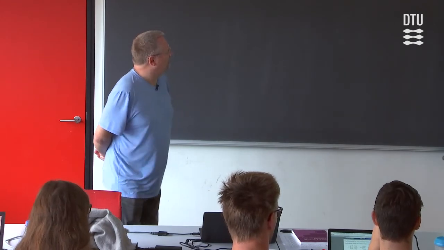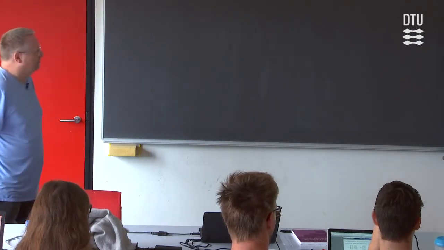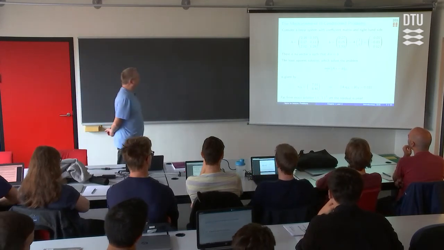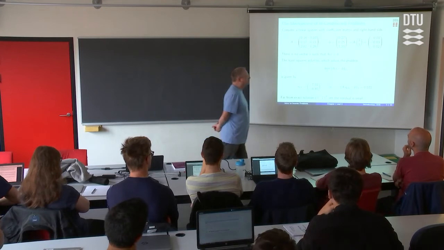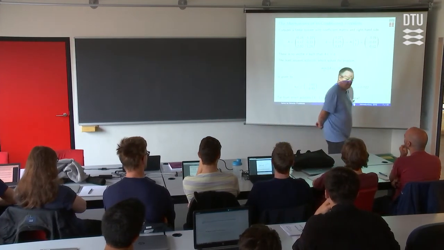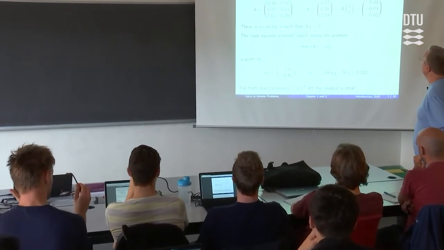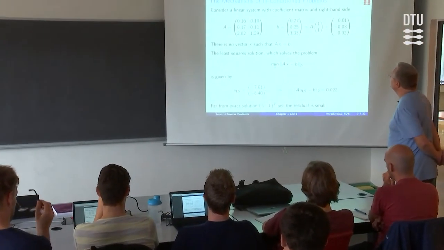So I have here a least squares problem, a tiny least squares problem. The matrix is 3 by 2. It's, of course, artificially generated. It's a fairly ill-conditioned matrix. I defined it such that it is ill-conditioned.